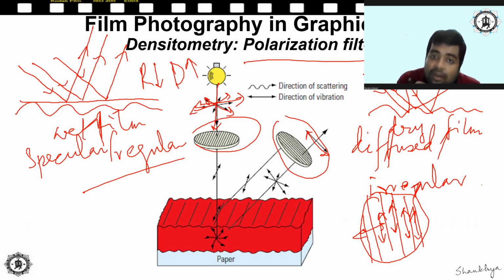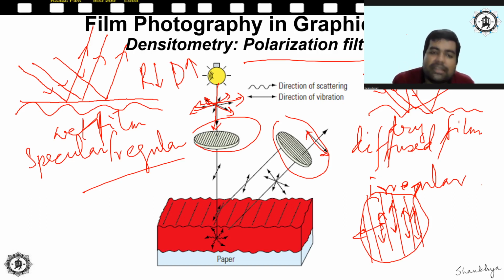Because the amount of light coming from the wet film and the dry film is varying. But if we can restrict the amount of light which is first of all getting incident onto the ink film, and secondly coming out of the ink film after getting reflected, we can restrict the amount of light that is coming out of it and reaching the detector.